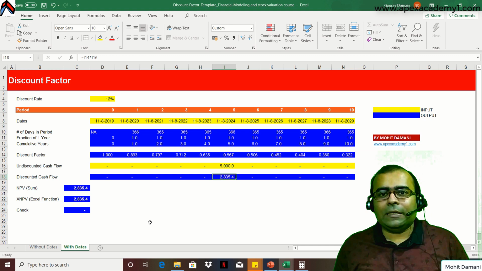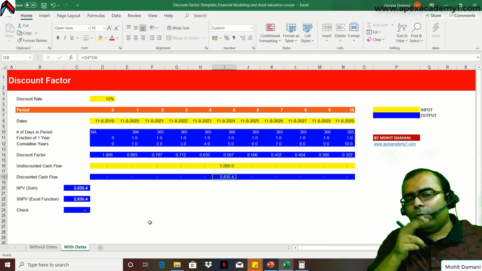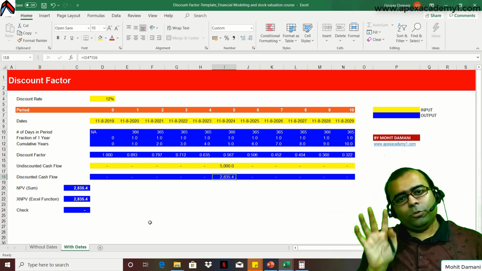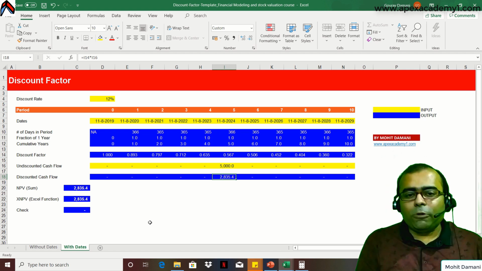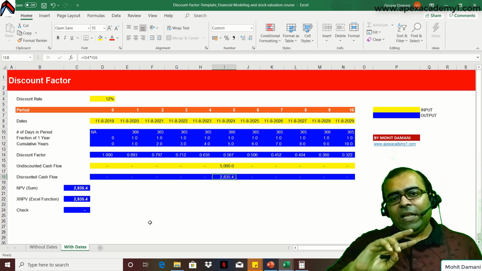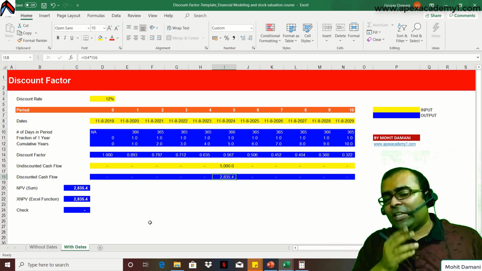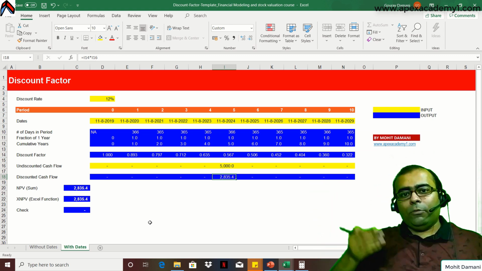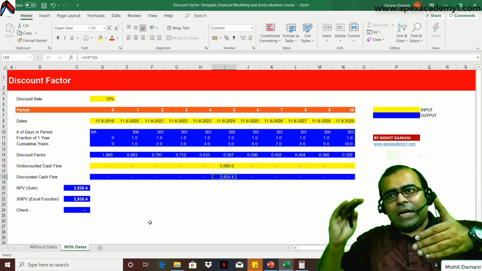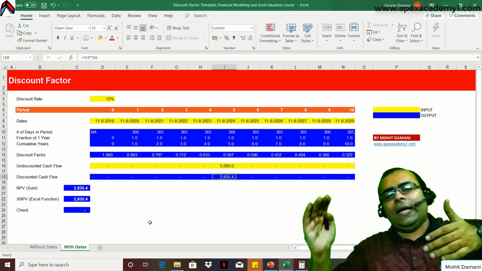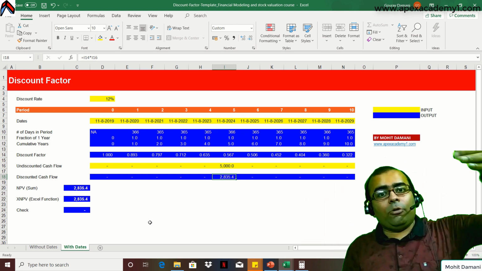Why? The reason is, when you are discounting on an annual basis, you are taking 5. But just now we discussed that there are leap years, and a leap year would have a tendency to discount it for extra 2 days. If you are discounting something for extra 2 days, will the ending amount be lower or higher? You are discounting it, not compounding it.